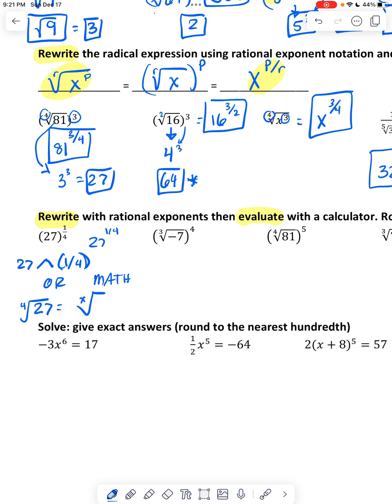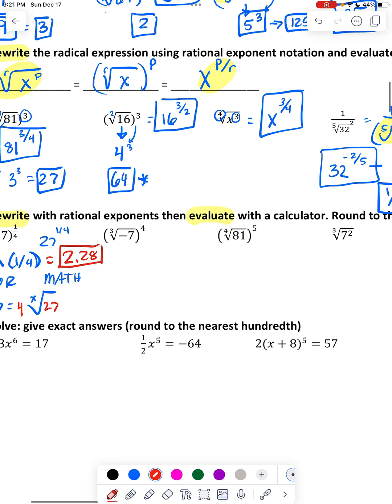And so if that's what you have to type in, usually on the graphing calculator, I have to type in the 4, then find this X root, and then I would type in the 27. I think it's easier to just type it in using a fraction power, to be honest. And so I would go ahead and do that, and I get 2.28. Check on your calculator to make sure you're actually going to get that.